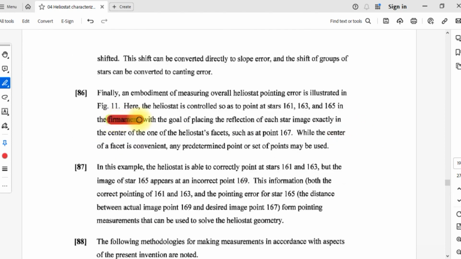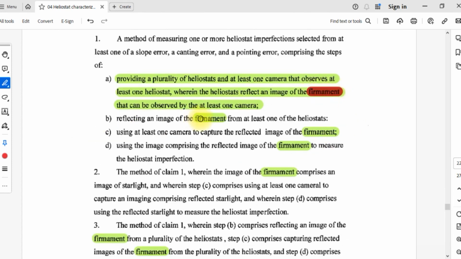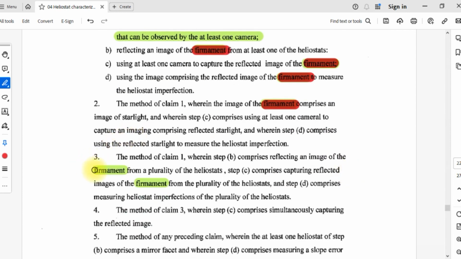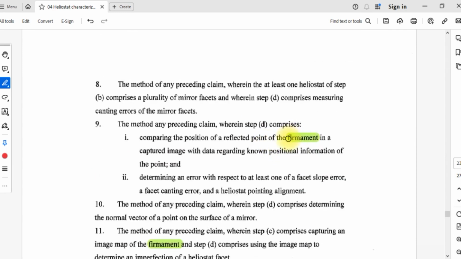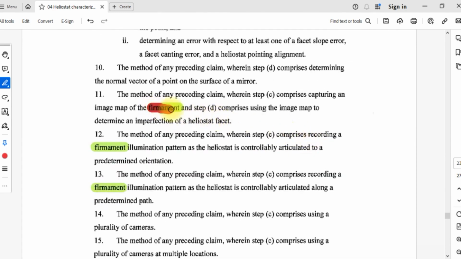Here's the word firmament again, many times over. A lot of firmament for something they say doesn't exist.